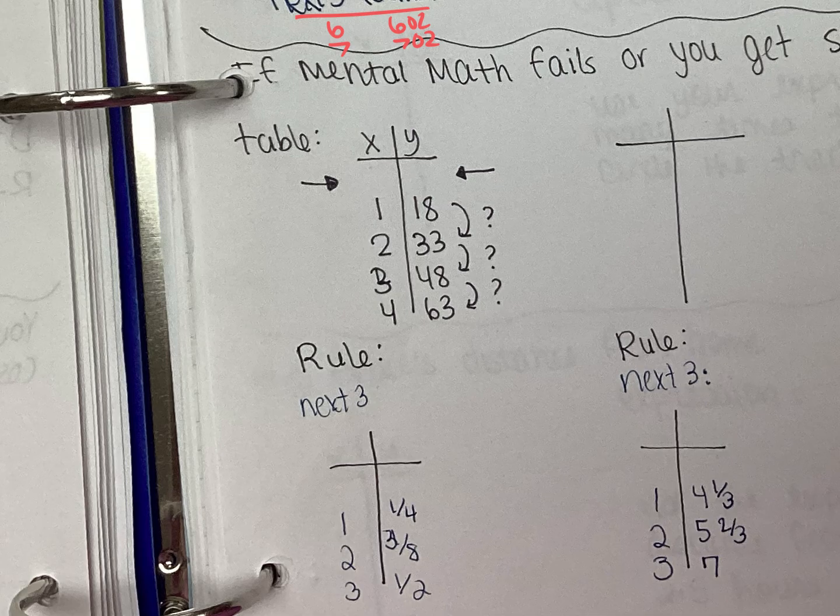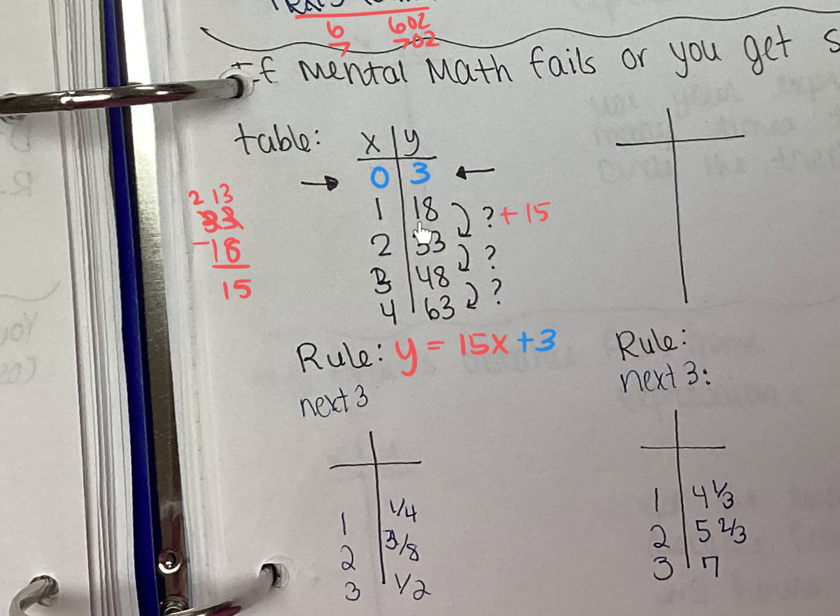All right, next one, I want you to type in the rule. So figure out what am I adding, figure out what would be the 0, type in the rule. The answer, y equals 15x plus 3.